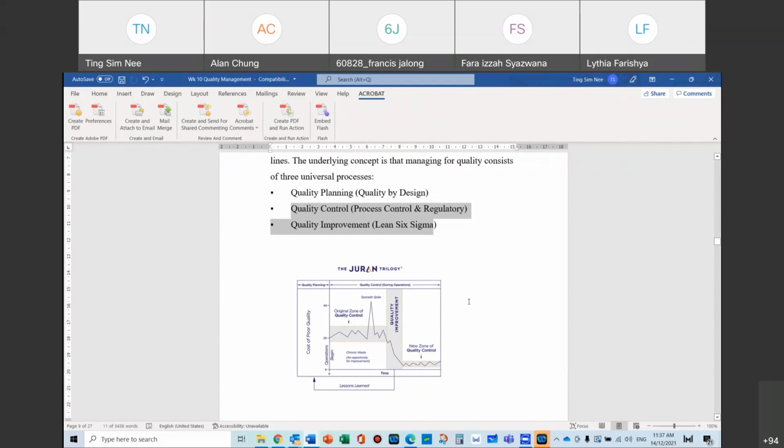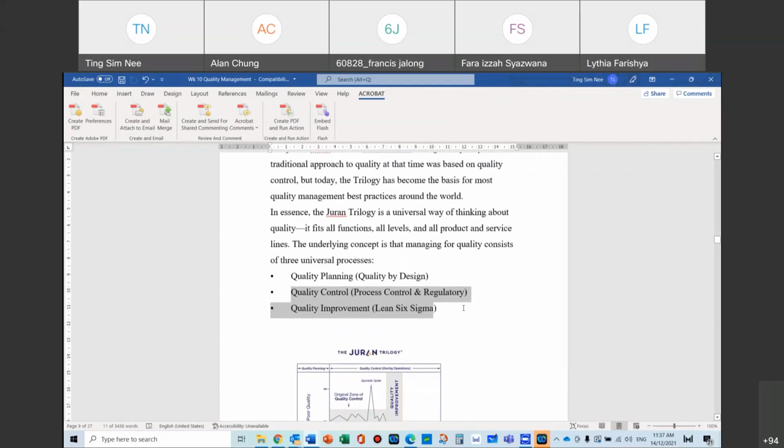But if you want to control too much into a lower percentage, you may have problems that the cost of controlling may get too high. So the feature is always that you need to know where your current level is, what kind of defects you're always getting, and then try to reduce down to a lower level, but without increasing too much the cost of controlling.